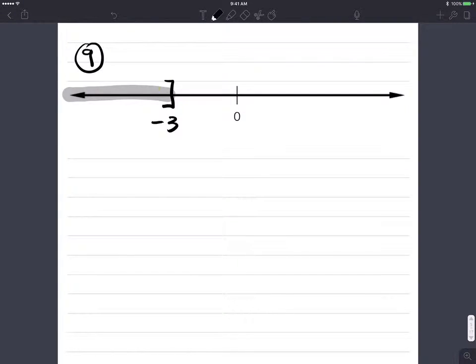Number 9, we are looking at a graph of numbers that are shaded to the left of -3. Now, those arbitrary values that we call x that are to the left of -3 are smaller than -3 because smaller numbers live to the left. And in this case, smaller numbers to the left of -3 are shaded in this picture.